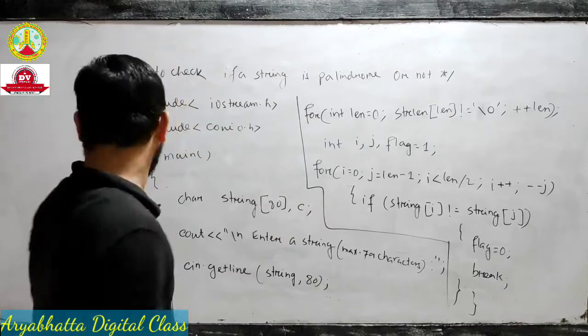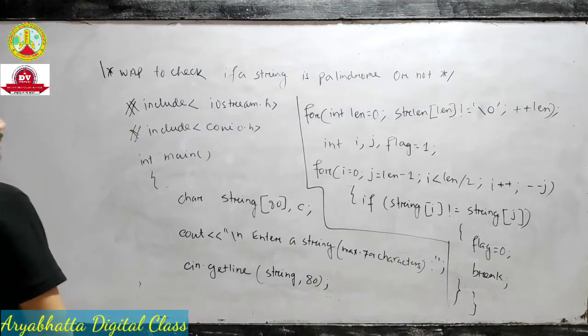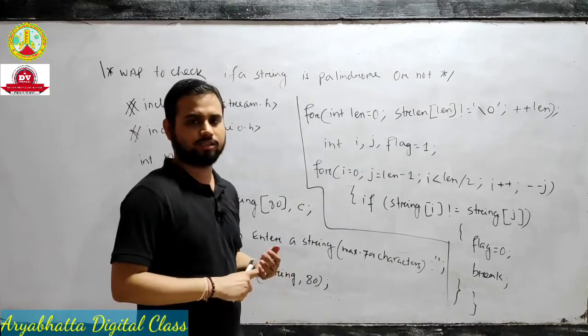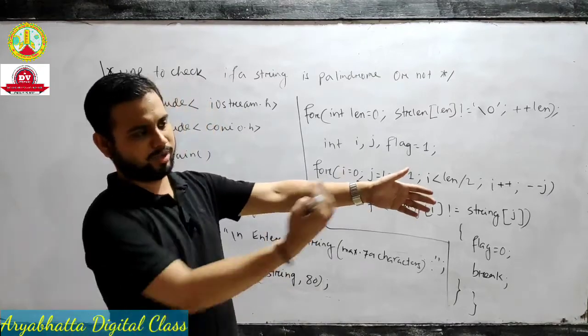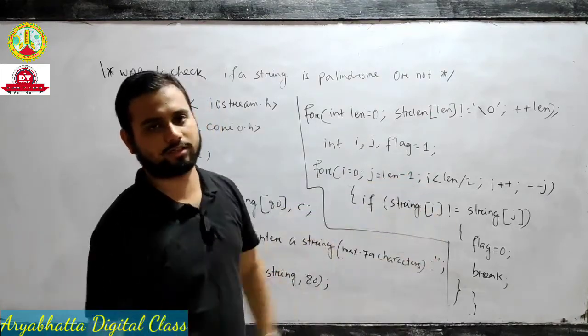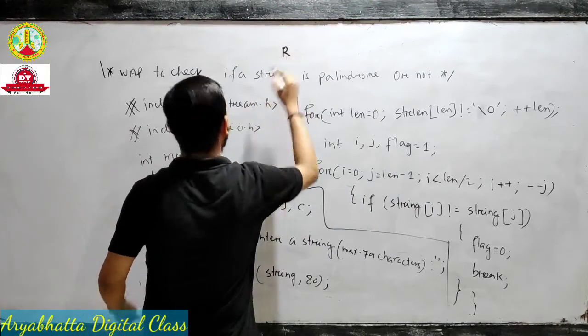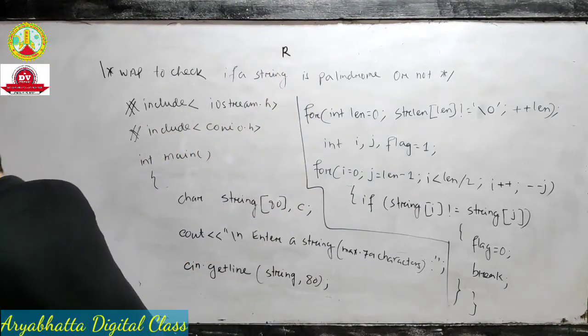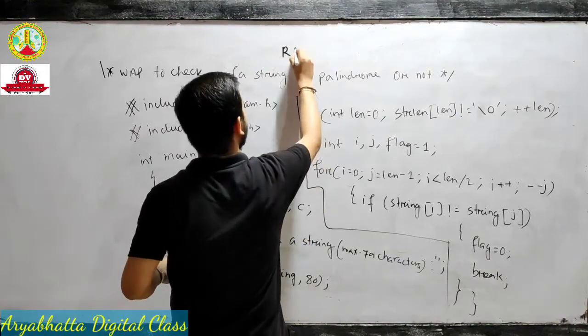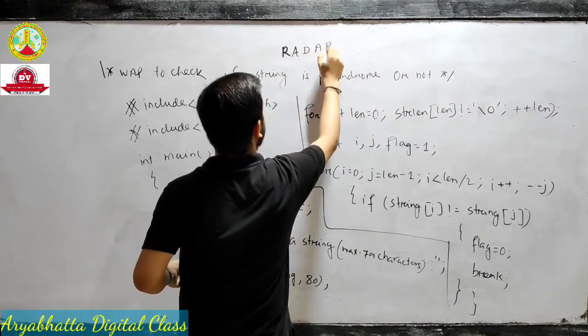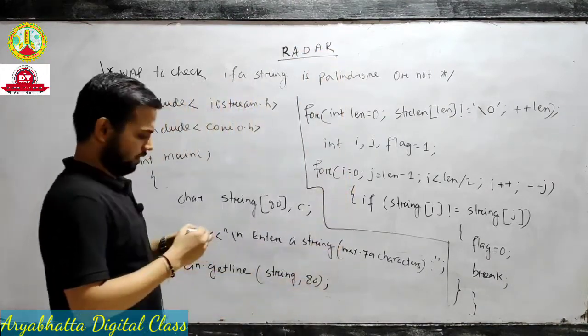A palindrome is a string that has the same characters forwardly and backwardly. Suppose this is a string: RADAR.